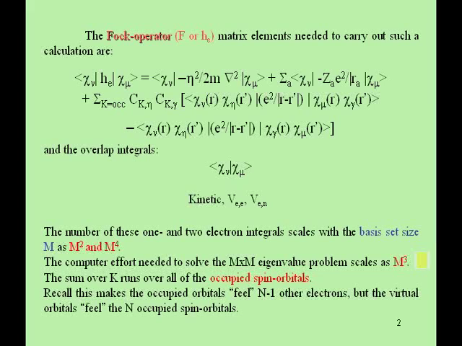Now one other thing I'd like you to notice up here is that in this Hartree-Fock expression for the Fock operator, there's a summation over k equal to occupied orbitals. And then you have the coefficient of orbital k in basis function eta, and the coefficient of orbital k in basis function gamma. So that means to form this Fock matrix in the first place, you have to know these MO coefficients.